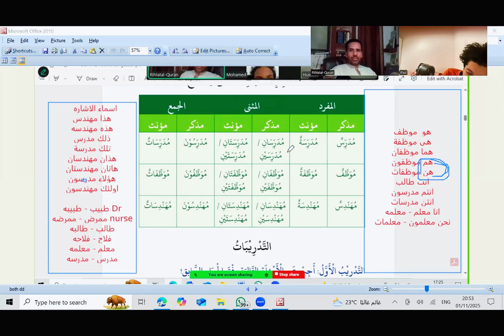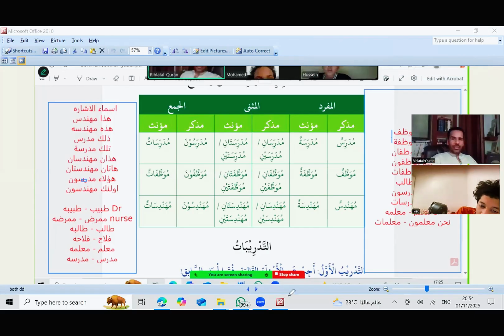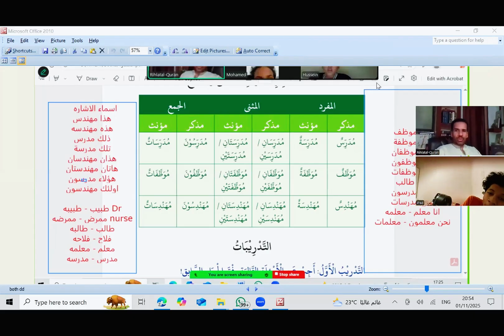And هن معلمات. So what do you mean by هن معلمات? They are female teachers. So the difference between هم and هن is that هم we use for masculine, and هن we use for feminine plural.